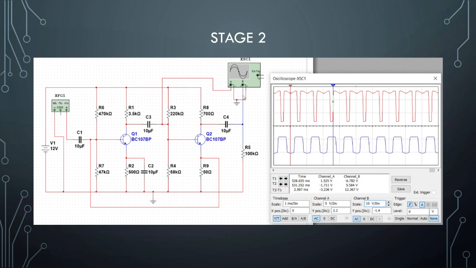For stage 2, channel A is placed through capacitor 3 for the input. For channel B, which is the output, is placed at capacitor 4.